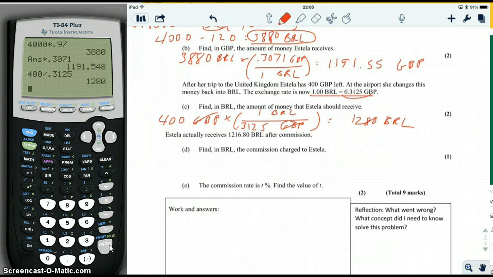But Estella actually receives only 1216.80 Brazilian reais after the commission. So there was a commission, and the commission left us with 1216.80. Okay, so now let's figure out what the commission is. Well, just use a little algebra here.